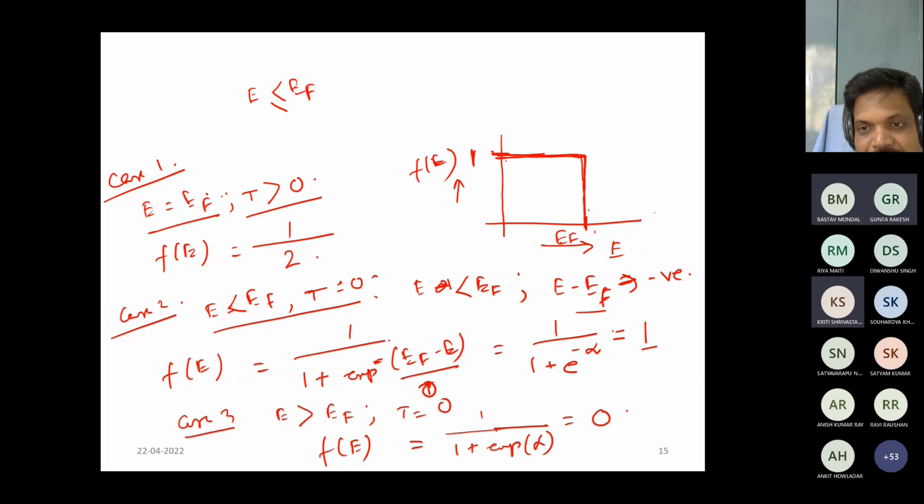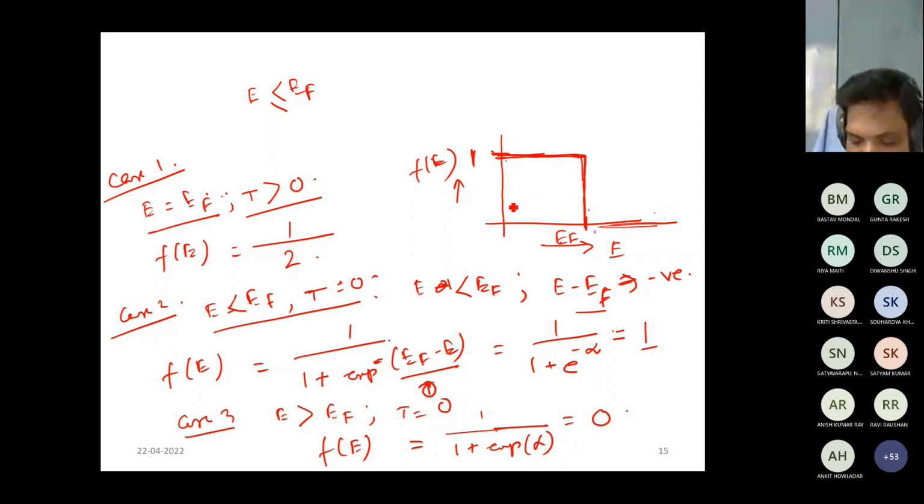No chance, no electrons. No electrons above the Fermi energy at absolute zero temperature. That's why you are not getting any current in an insulator, depending on that. At absolute zero temperature the maximum energy is defined by the Fermi energy, and above this energy no electron can reside.